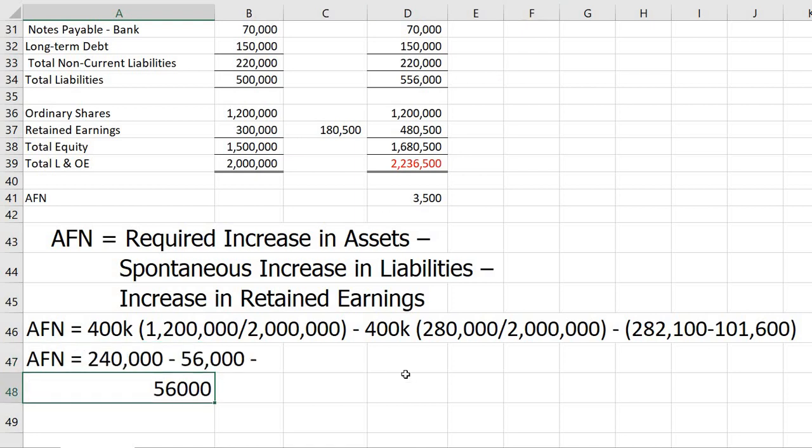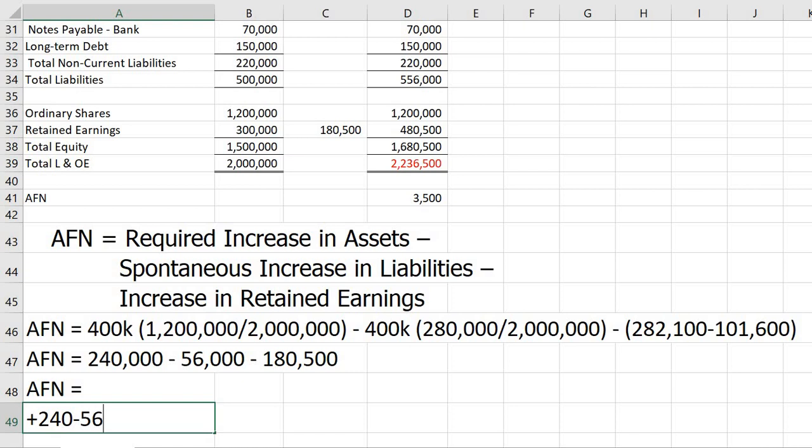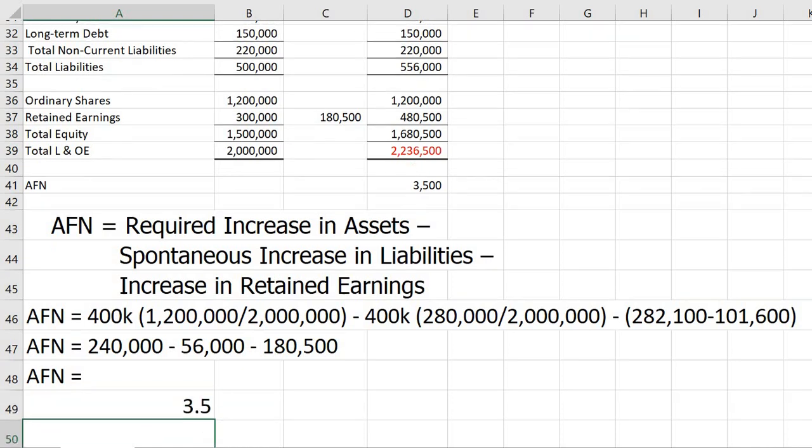And then the increase in retained earnings is 280,000 minus 101,600, that's 180,500 approximately. With that, your AFN is computed as 240,000 minus 56,000 minus 180,500.